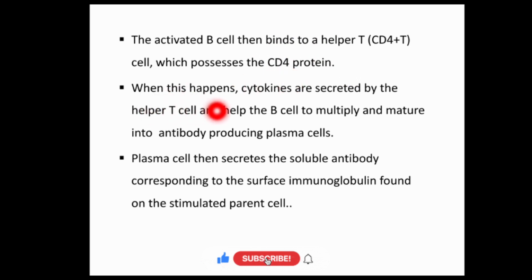When this happens, cytokines are secreted by the helper T cell, causing B cells to multiply and mature into antibody producing plasma cells. The plasma cells then secrete soluble antibody corresponding to the surface immunoglobulin found on the stimulated parent cells.